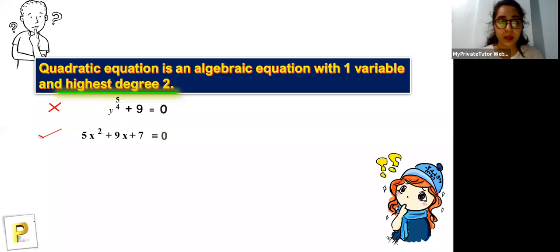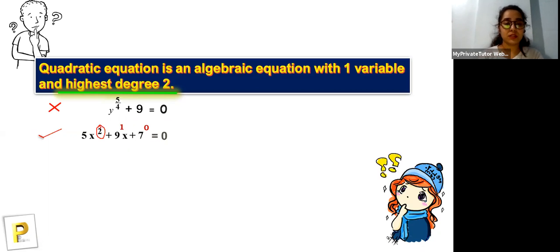You don't have any other variable present, right? So yes, it has one variable, and the third thing is highest power 2. This constant doesn't have any x, so it is x to the power 0, and this is 1, and here we have the power as 2. As we can see the degree is 2, the highest power is 2, this is a quadratic equation.